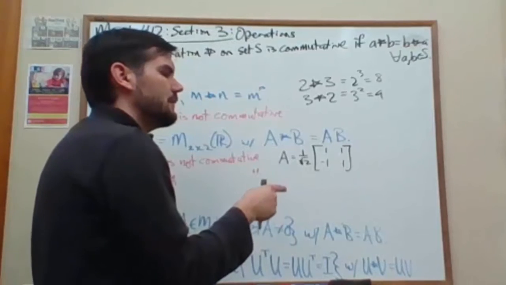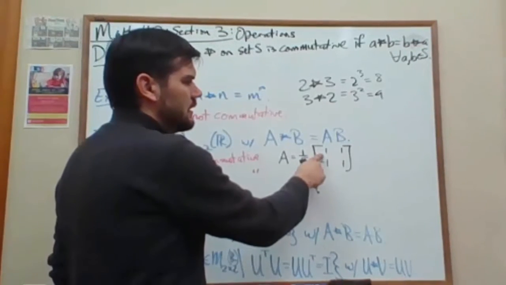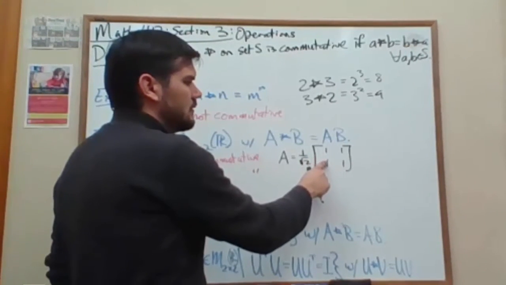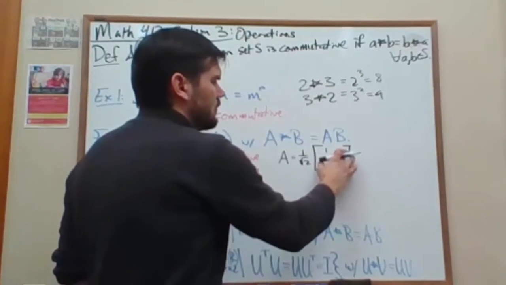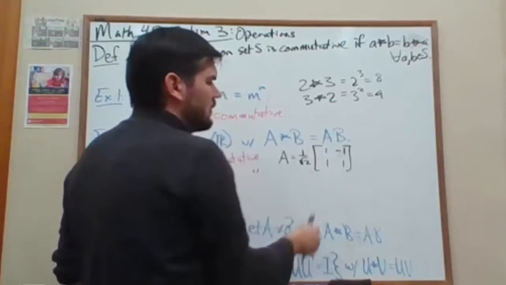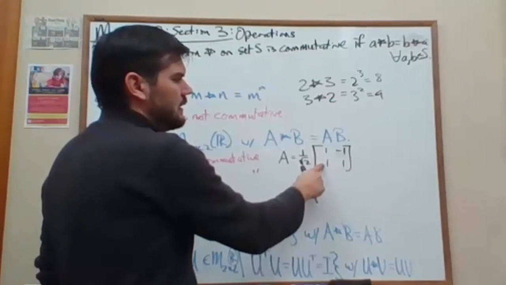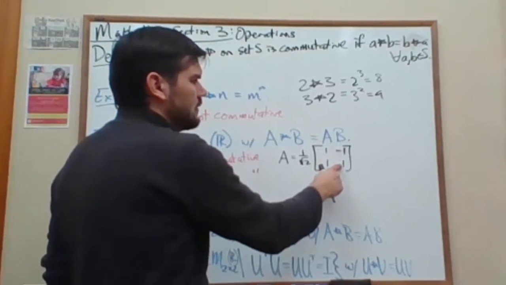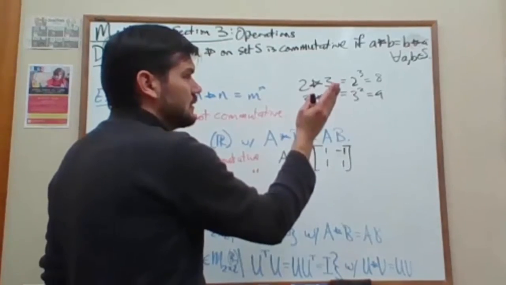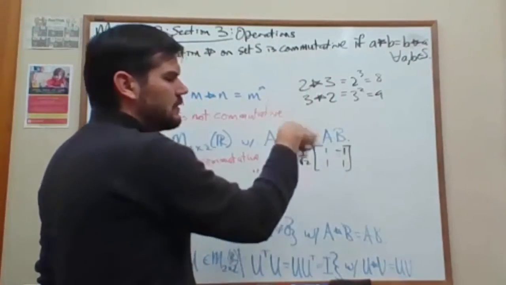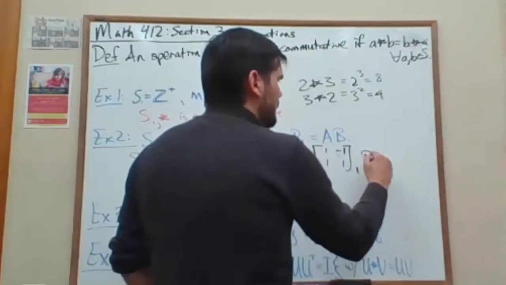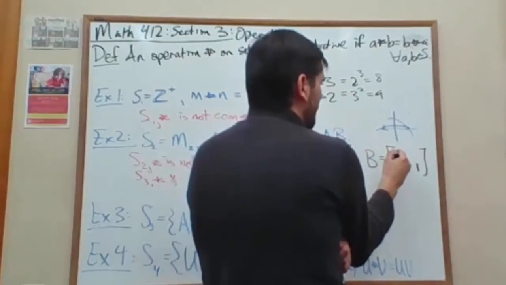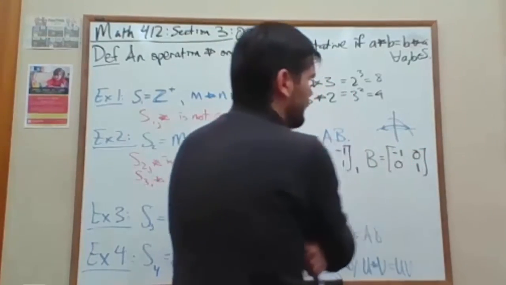It's not right. Let me see. So there's your cosine is, let's go counterclockwise. So cosine, sine, minus sine. Yeah, we'll rotate counterclockwise. And then for B, there we go.